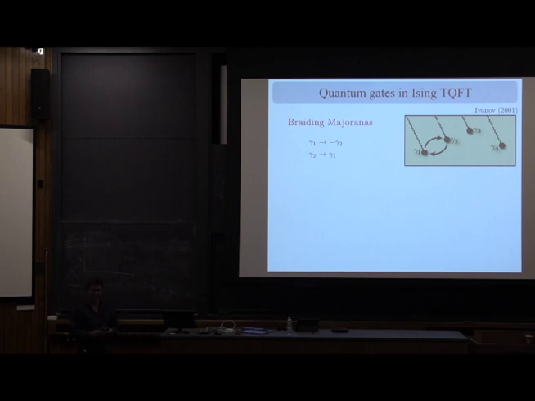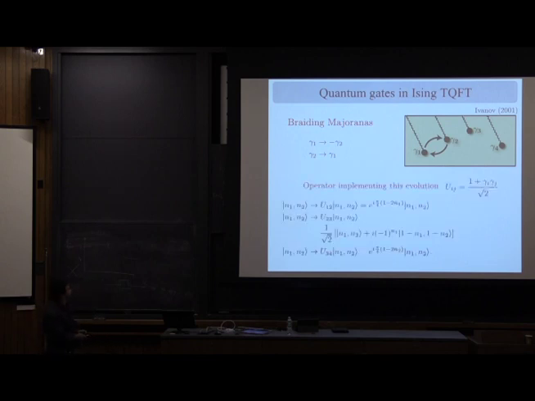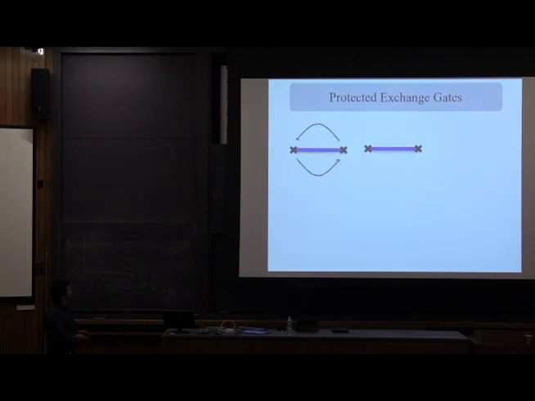Well, first of all, when you bring them close together, they will get split. So they form some state. So you better keep them far away and move them adiabatically so that there are no other phases, no other effects. So anyway, these are the two operations that are protected.